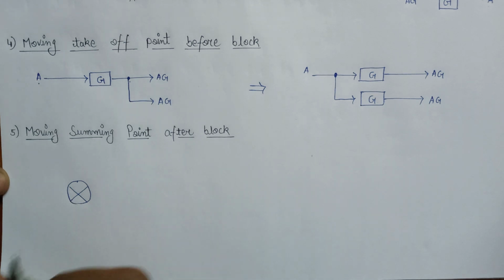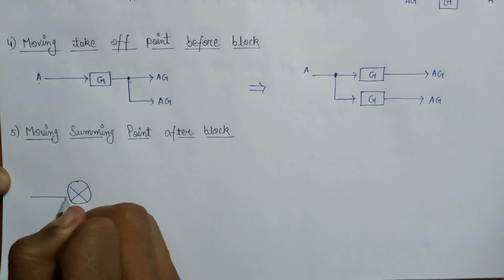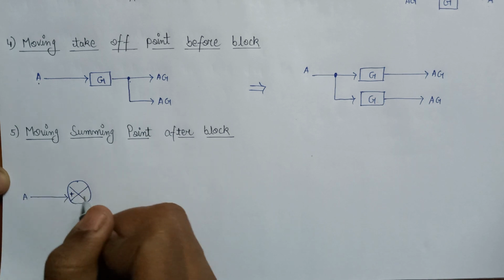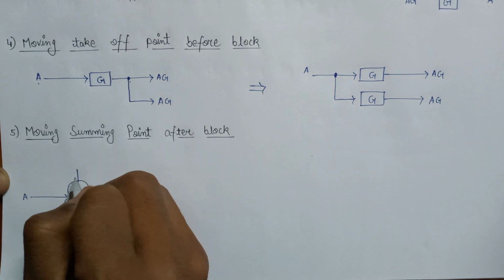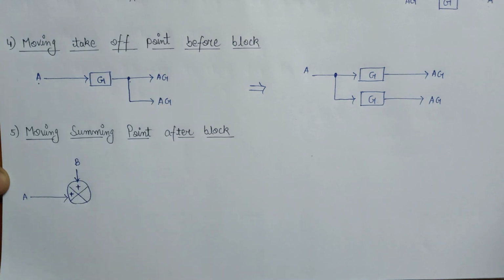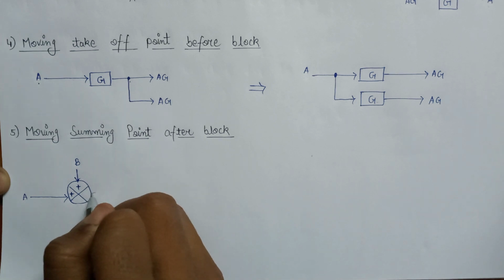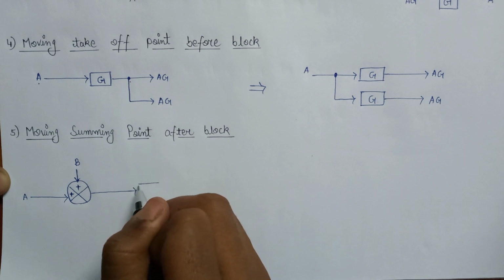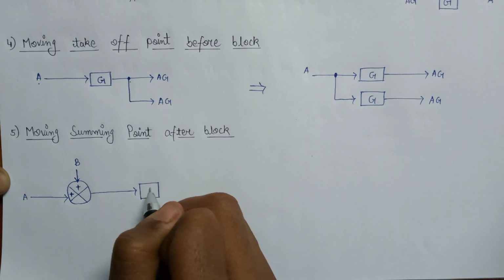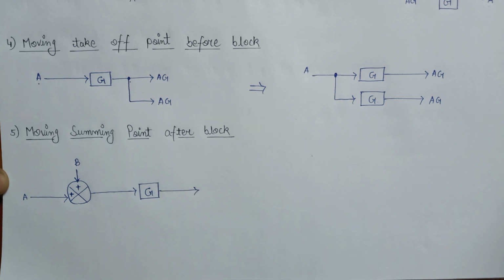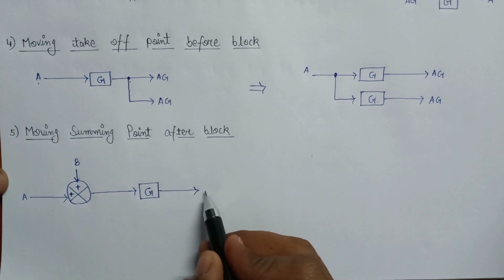This is a 2-input summing point onto which an input A is applied with a positive polarity and another input B is also applied with positive polarity, and the output of the summing point is now applied to the block having the gain G, and this is the final output branch. Now let us calculate the final output.